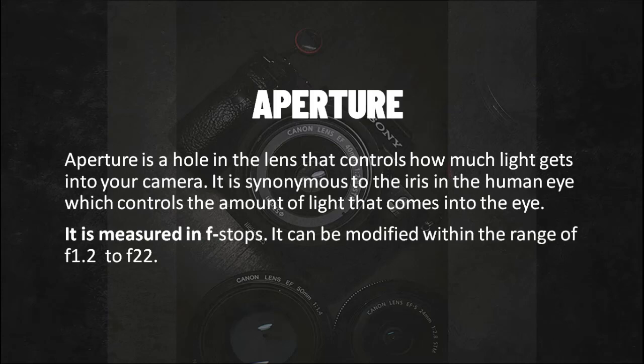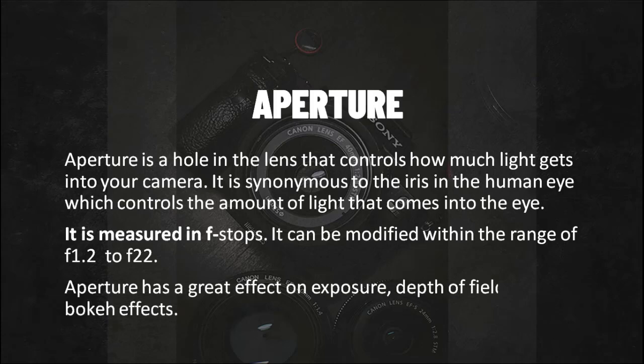It is measured in f-stops, and it can be modified across several ranges. Low light lenses can go as low as 1.2 f-stops, and other lenses can go as low as 3.5, 3.7 or 4.0 f-stops, and it increases like that to f22 and all of that.